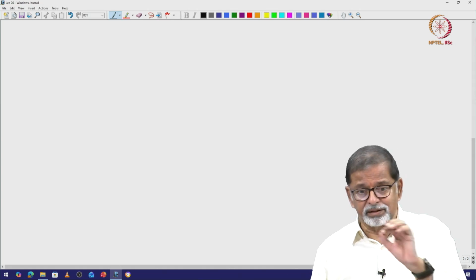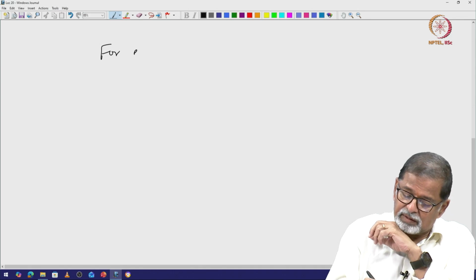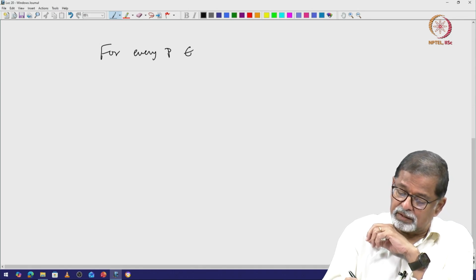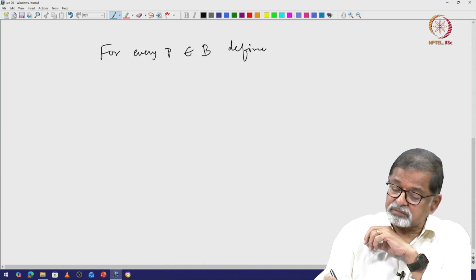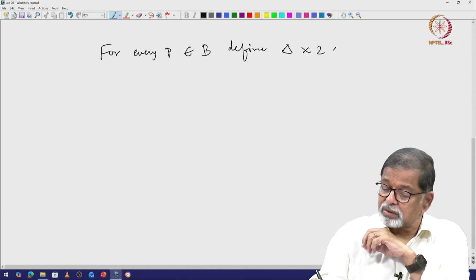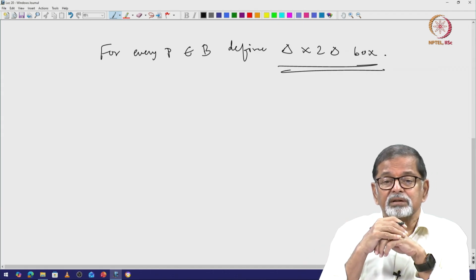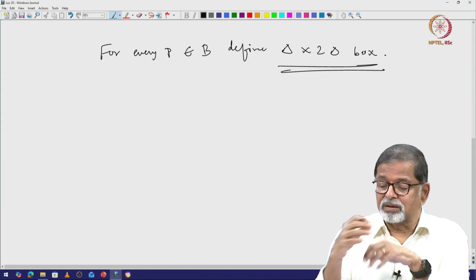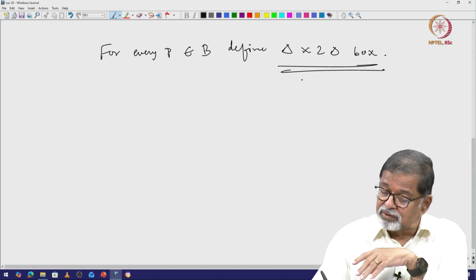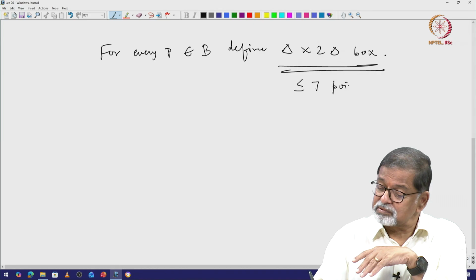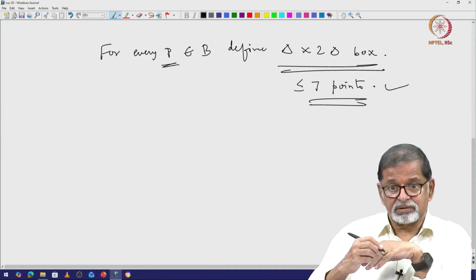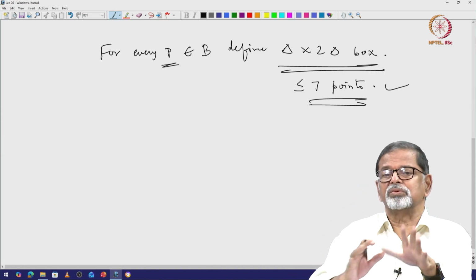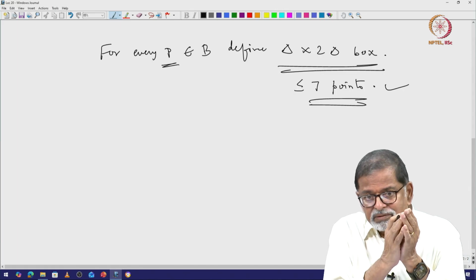So, for every P in the delta band, define the delta cross 2 delta box, and we need to figure out which points of B are in this. I know that this has less than or equal to 7 points. For every P there is a box, and in any box you can have only 7 points other than P.